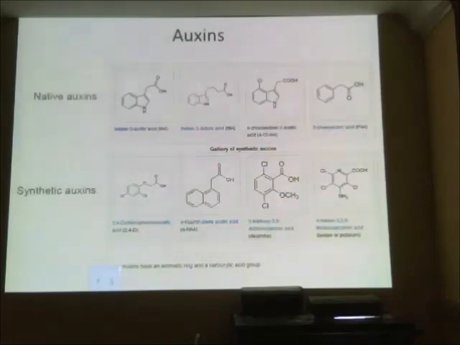But we've got other compounds that don't have indoles that are synthetic, what are referred to as synthetic auxins. Probably 3 of the 4 that are in here I would not actually categorize as auxins. They technically are in the sense that they do regulate plant growth in some way, but these three compounds, 2,4-D, dicamba, and tordon, I would classify as herbicides.